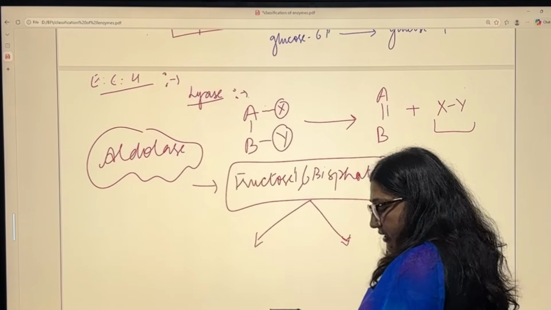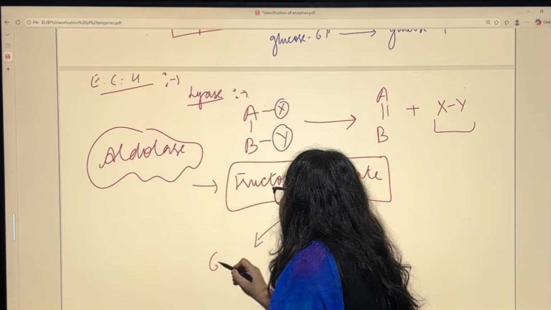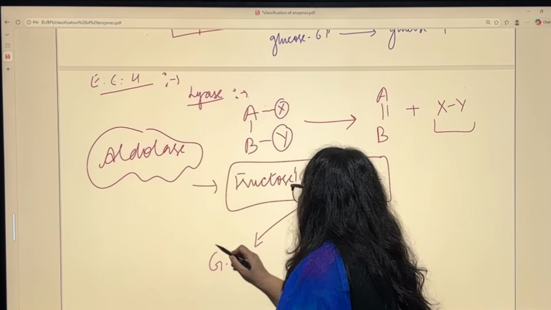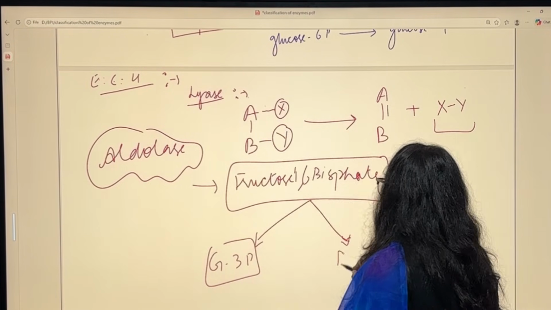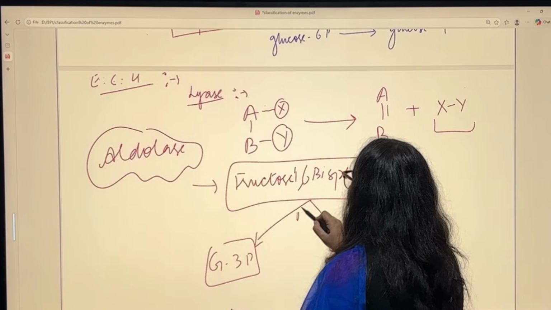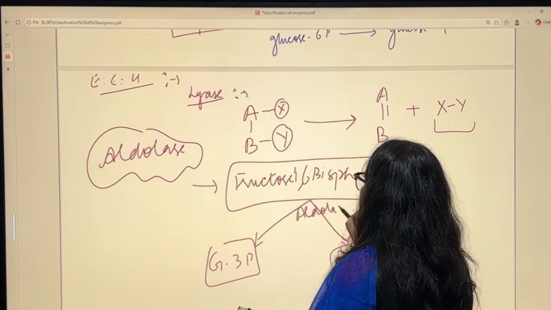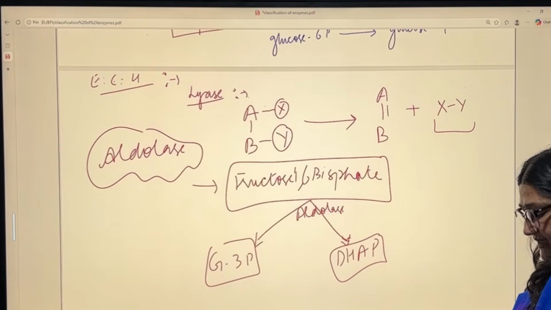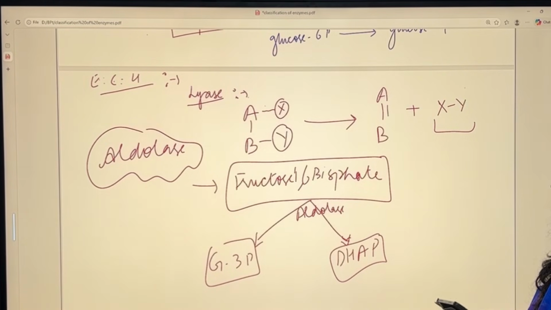Which were the two molecules? One was glyceraldehyde 3-phosphate, another one was dihydroxyacetone phosphate. So aldolase is the classical example.